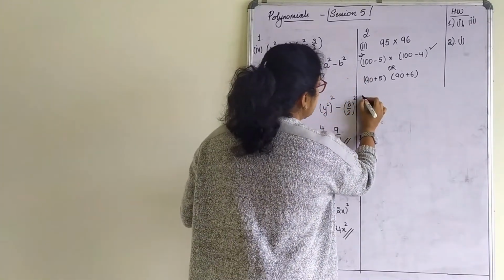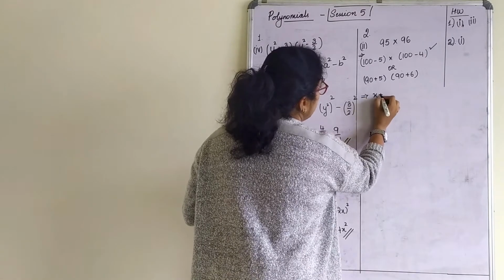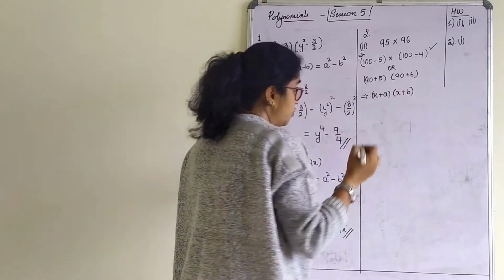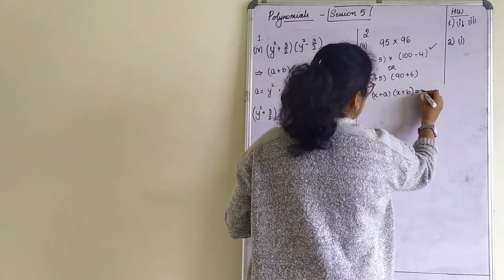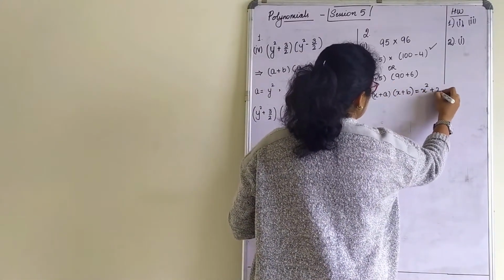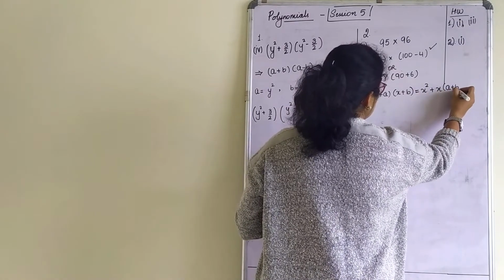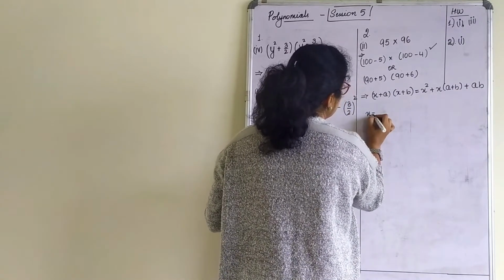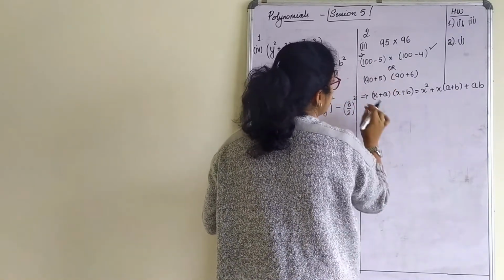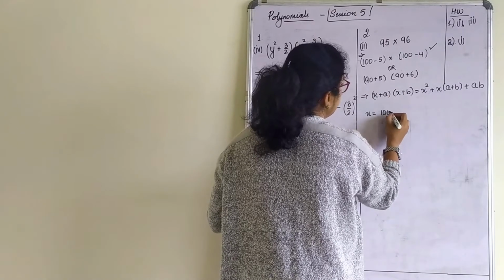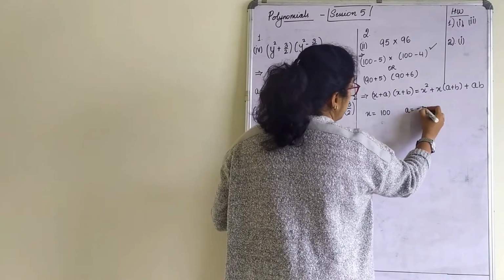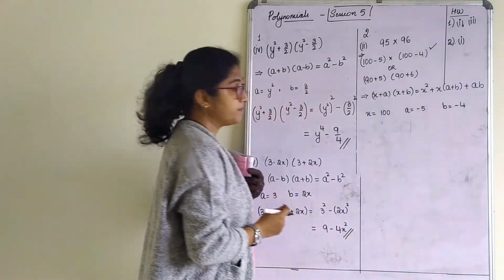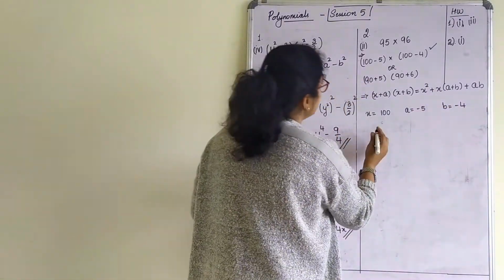Let's try. This is of the form x plus a and x plus b. What's the identity? The identity is x square plus x of a plus b plus ab. So what is your x term here? I am using this one. x is 100. What is your a? Minus 5. What is your b? Minus 4. Okay, so let's do it further.